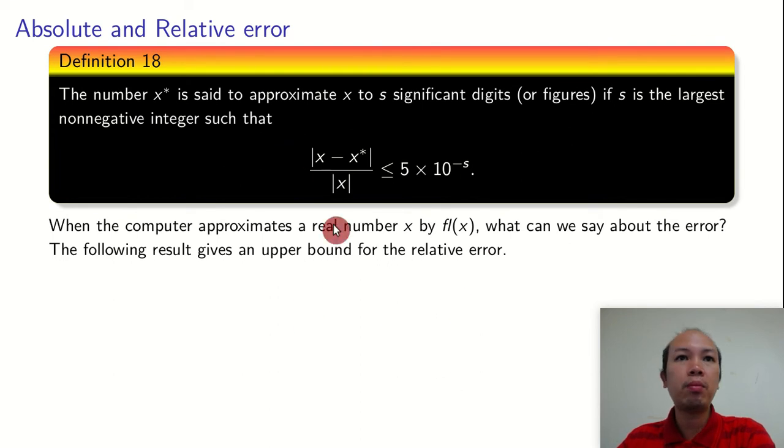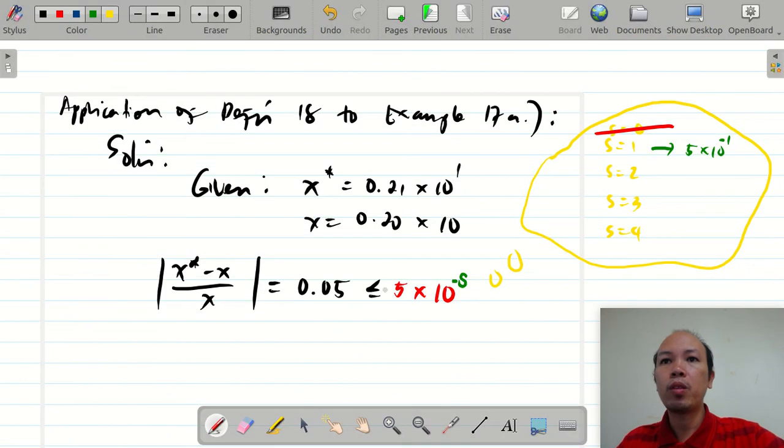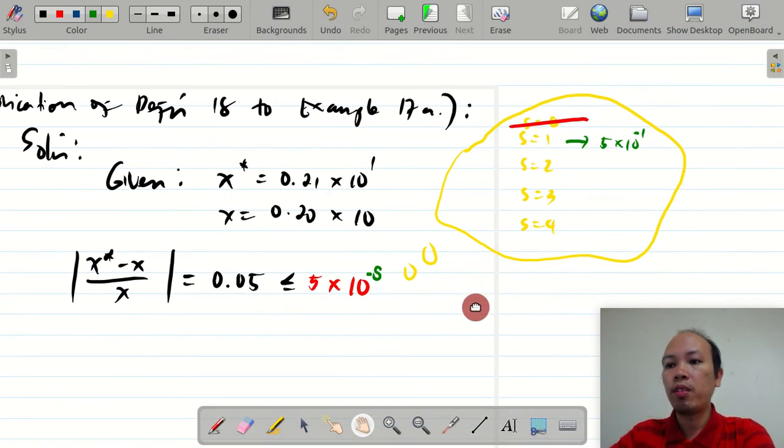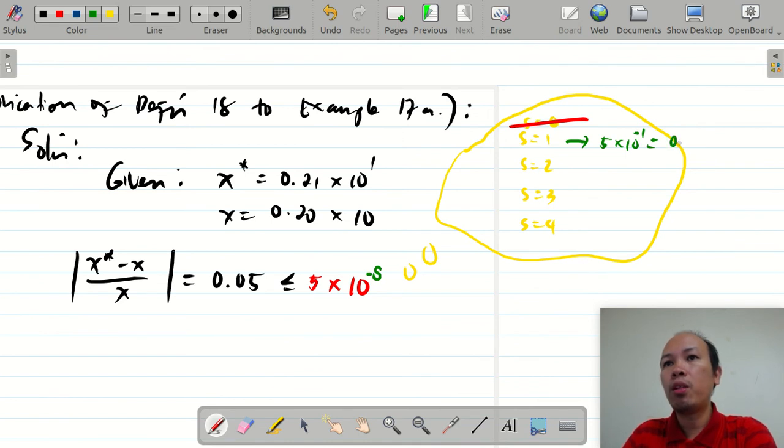10 to the negative s. Okay, so we have here 10 to the negative s. This one here is equal to what? 0 point, move 1, convert to decimal, 0.5.